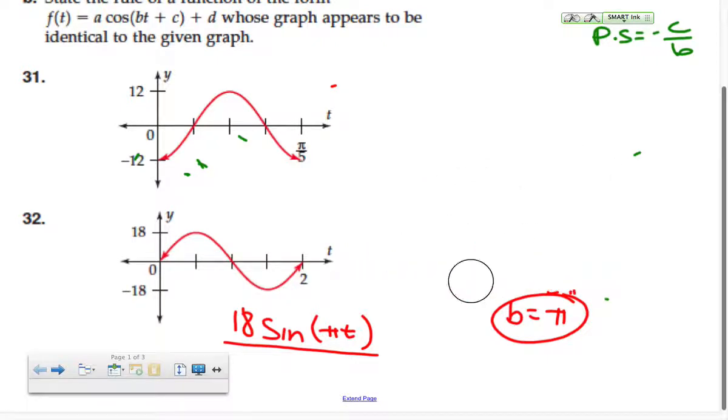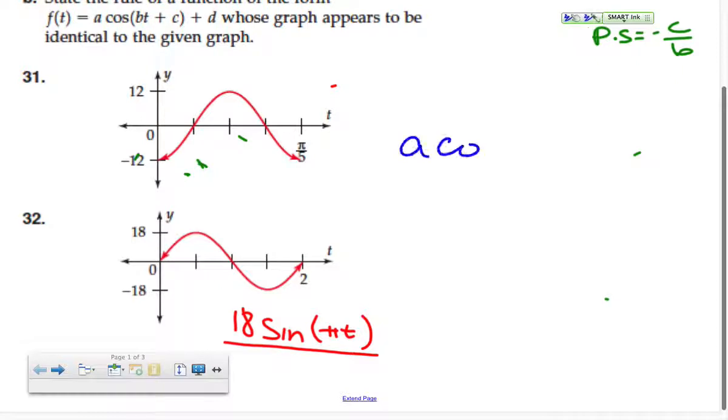So my cosine, A cosine of B t plus C, plus D. Now cosine would start like this. So it's also, if you were to continue this way, shifted. Notice 1/4 of a unit. So it's 1/4.